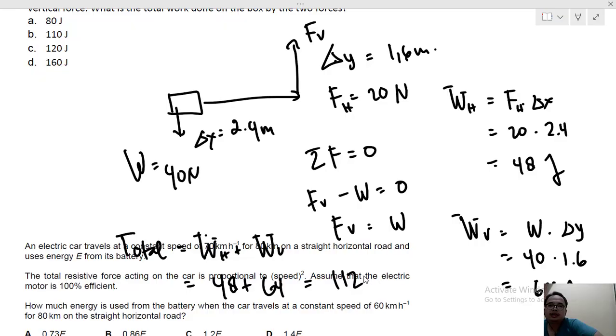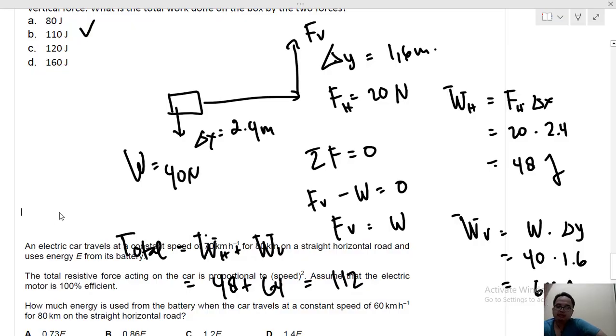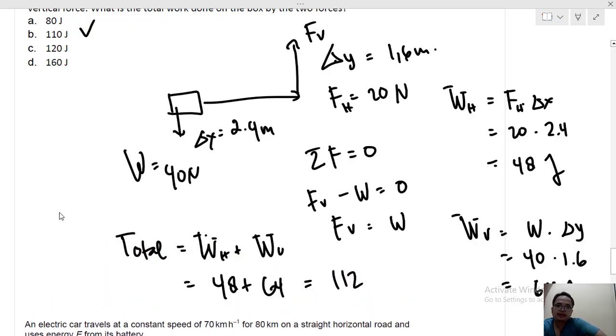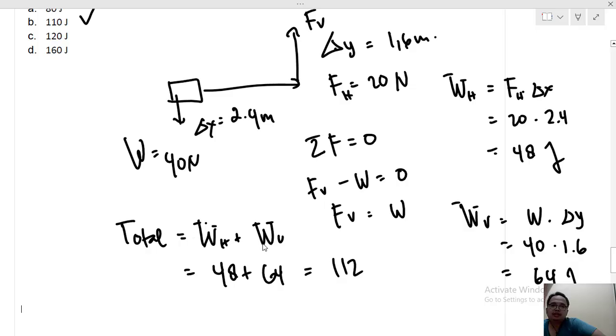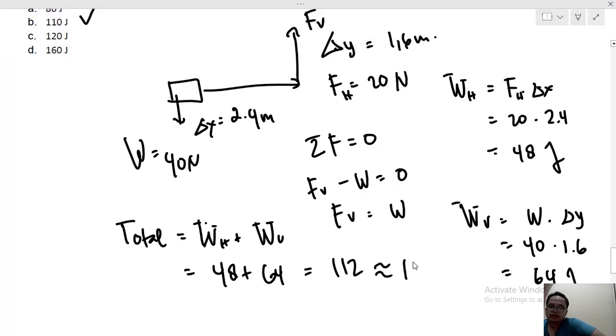Is that the answer? Maybe the closest one. The answer is not the exact value, but the approach. So the answer is about 110 joule, so the answer is B.